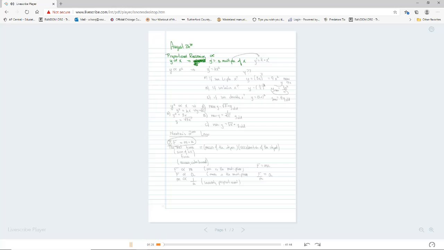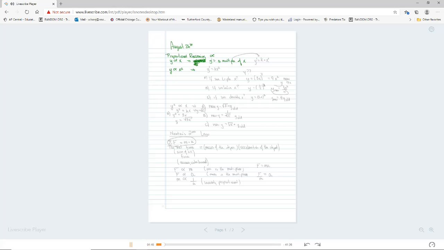So, as you're saying, you look at the powers. So what if I had y is proportional to x squared? How would I write these in math?